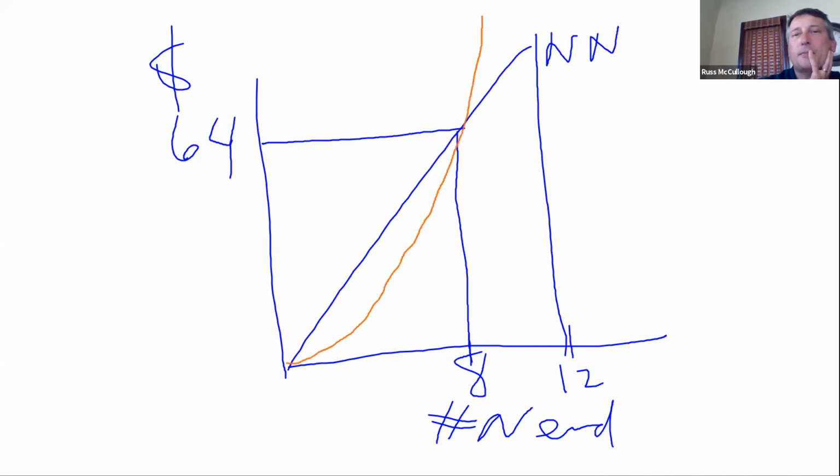And so the question is, is that a stable equilibrium or not? And this is where we get into understanding the model in terms of segregation or mixed.